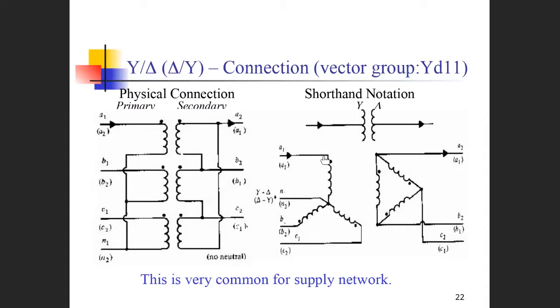This voltage comes from here. So this voltage, A2 to B2, is in phase with A1 to neutral. So A1 to B1 is leading A1 by 30 degrees. This one is leading. So that's the difference. That's different.